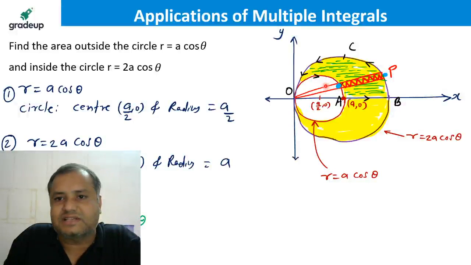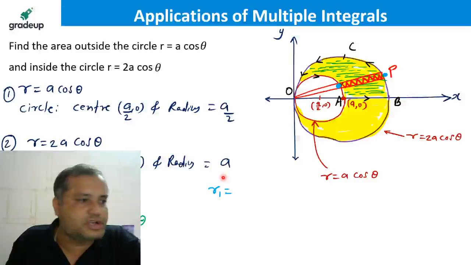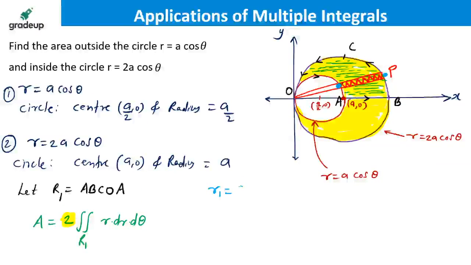So R1 is lying on the inner circle, and the inner circle equation is r equal to a cos theta. R2 is obtained from point P. Point P is lying on the outer circle. Now rotate it along line AB. Along line AB, theta is 0.